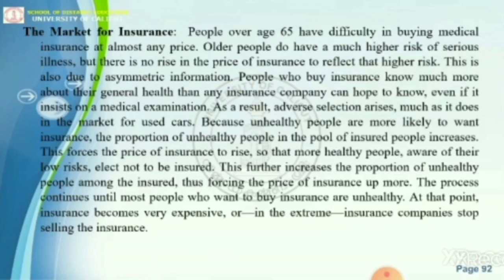This further increases the proportion of unhealthy people among the insured, thus forcing the price of insurance up more. This process continues until most people who want to buy insurance are unhealthy. At that point, insurance becomes very expensive, or in the extreme, insurance companies stop selling the insurance.